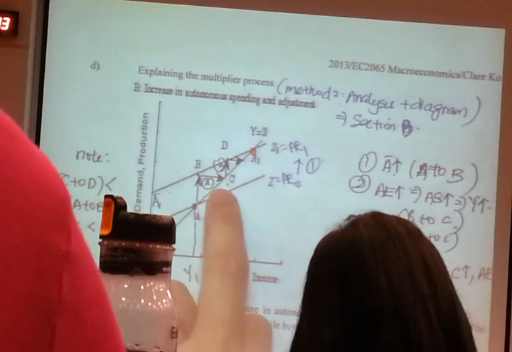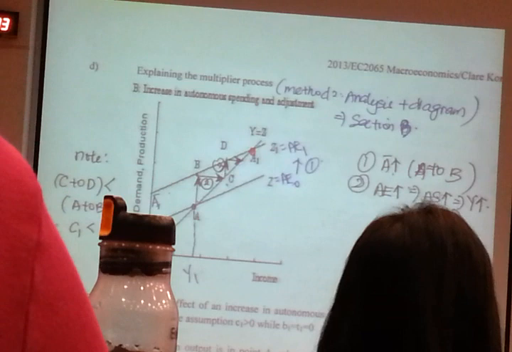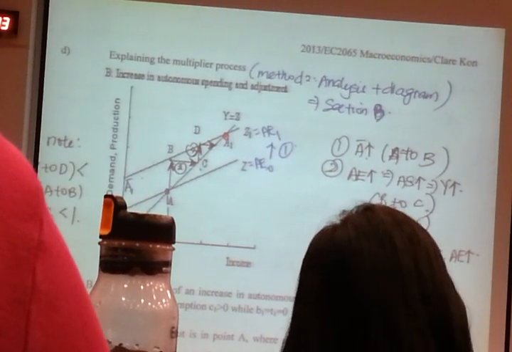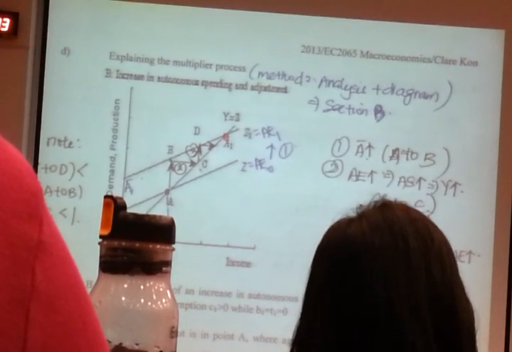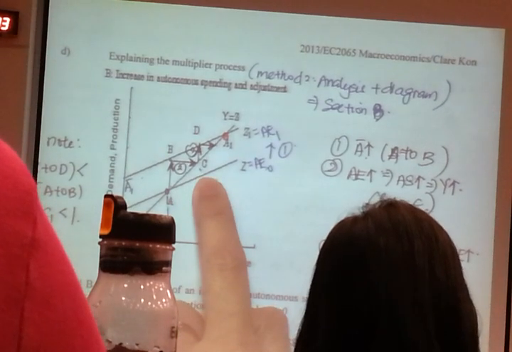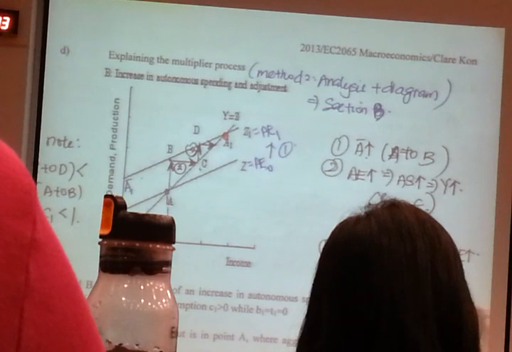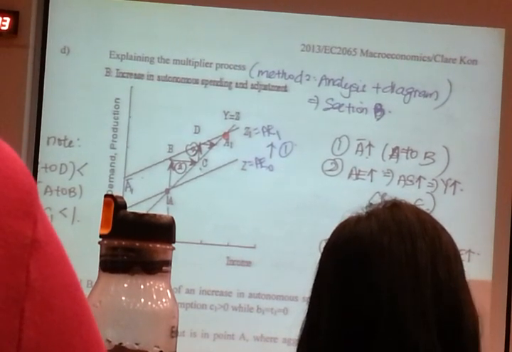But when you go from C to D, it was due to consumption. But consumption only increased by a fraction of the income. So it's not because the diagram says so. Again, there was an economic behavior. Therefore, you can see your AE goes up and then you repeat again. You literally repeat steps 2 to 3 again.